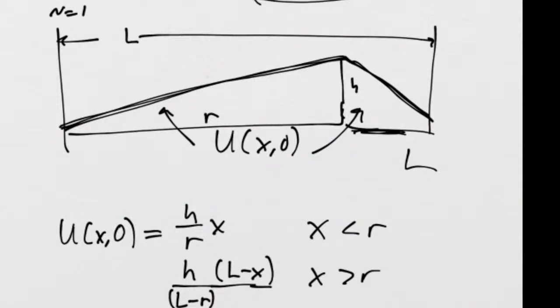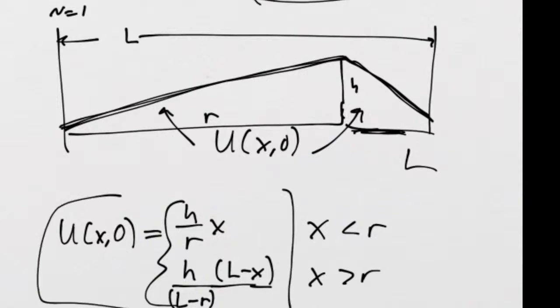So this is sort of a step function. Well, not a step function, a piecewise function. So this is a piecewise function, and this is the true initial position of the string.